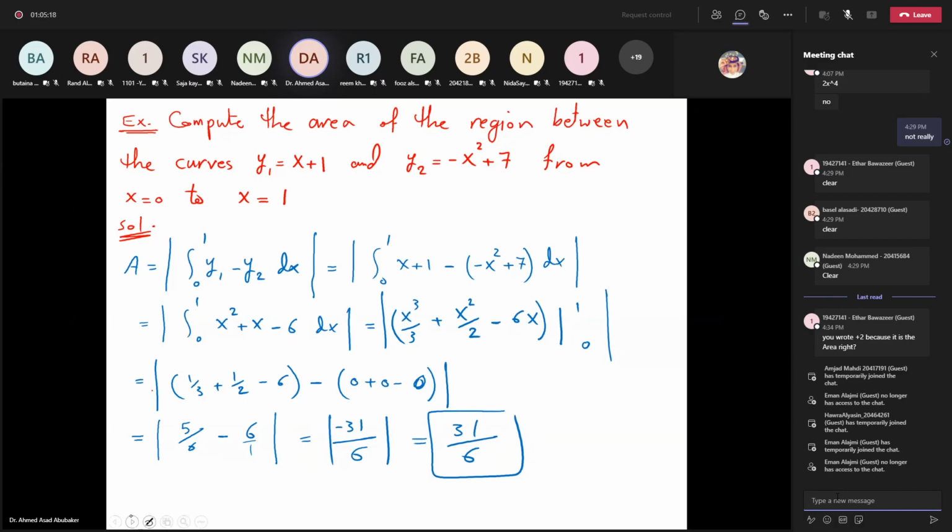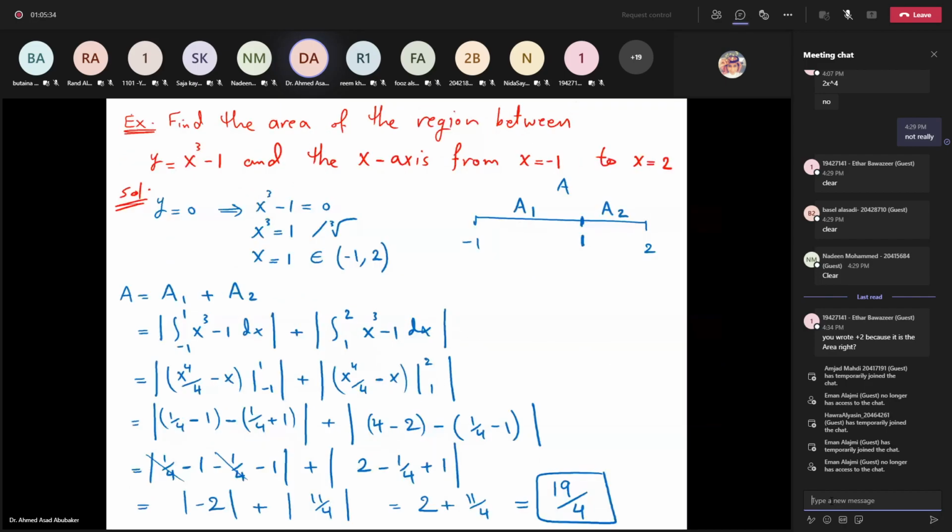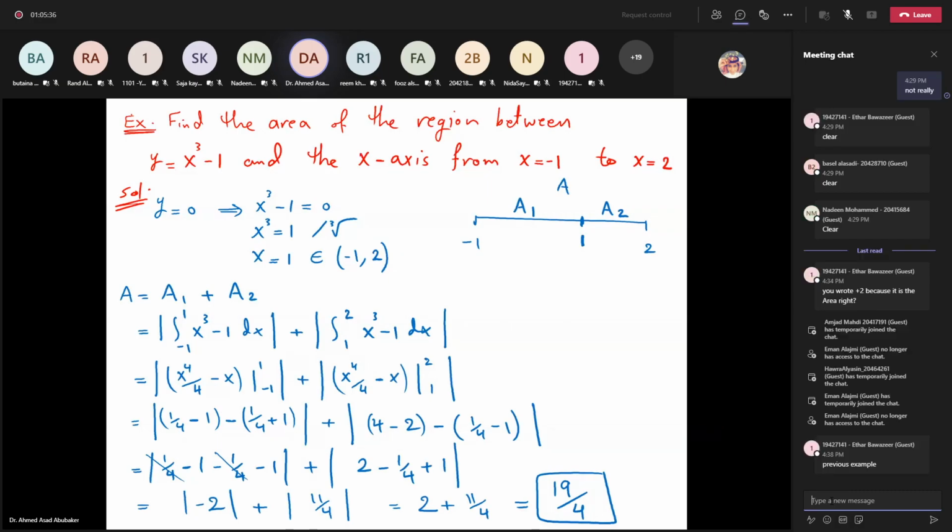Any question? You wrote plus 2 because it is the area, right? Where is the plus 2? Here, then. We have absolute value.